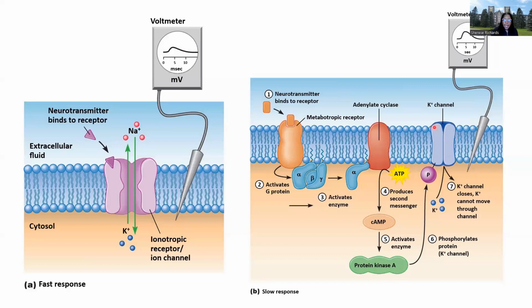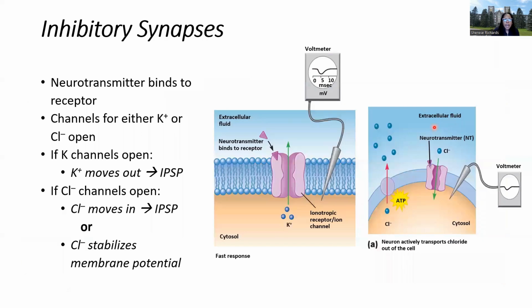All right. So if we think about a chloride or potassium channel opening up, that will mean potassium will move out of the cell, which will be an IPSP. If chloride channels open up, chloride can move into the cell, which would be an IPSP, but chloride can also help to stabilize the membrane potential, right?